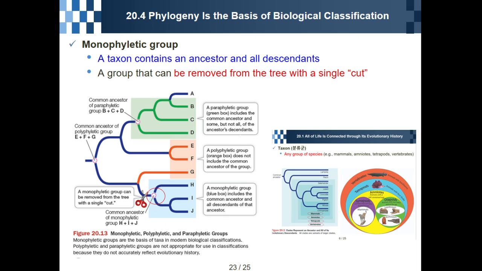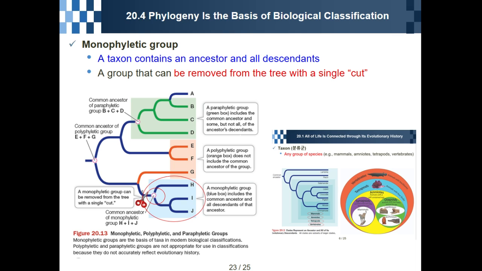For example, they have a common ancestor. This blue box we call a monophyletic group. This blue box is one taxon.